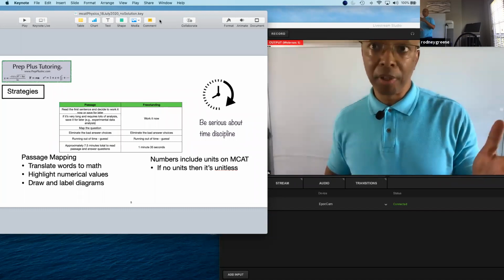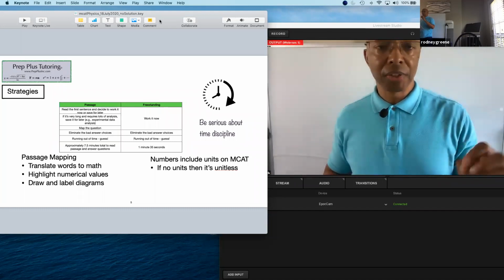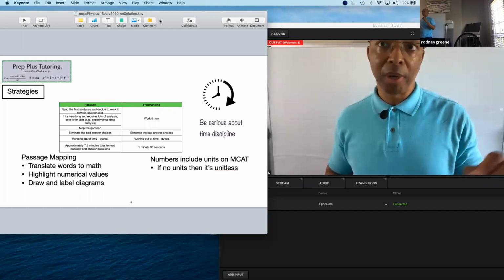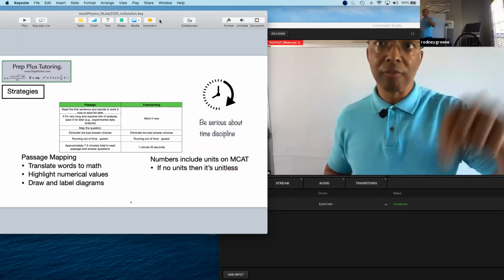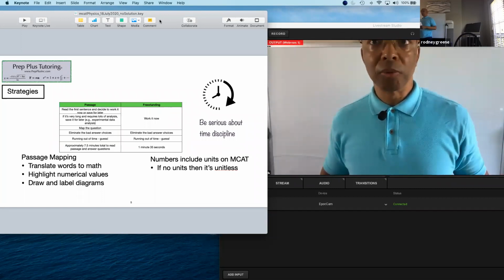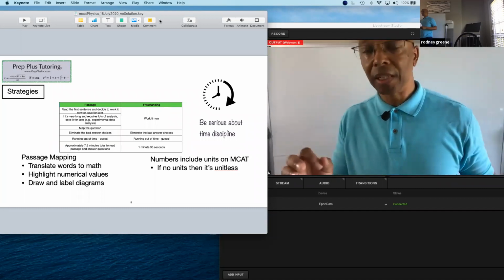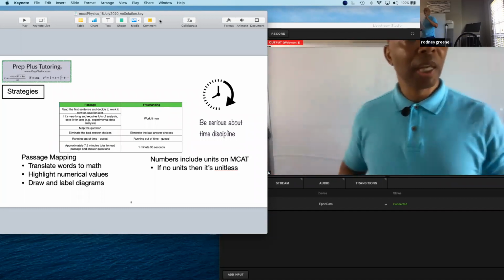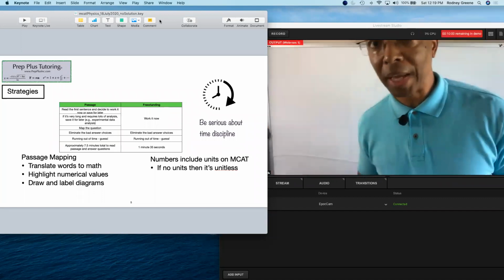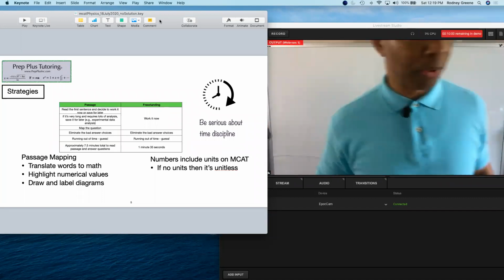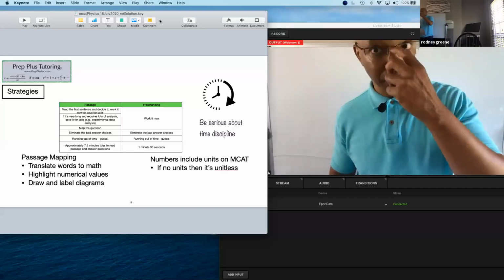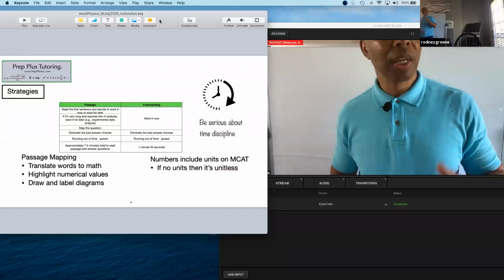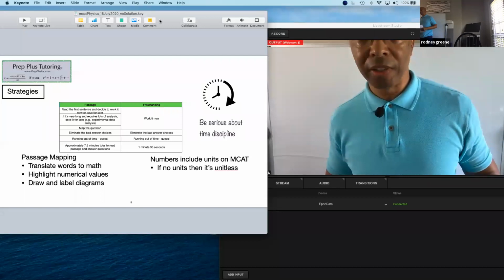For example, if it's a force problem, I suggest you draw yourself a free body diagram and draw the force vectors on it, because more than likely you'll need the information on the diagram to answer the question. I'll have an example of passage mapping with some of the examples. And don't worry, at some point I'll take a break for questions. I just wanted to get through these initial slides right away.